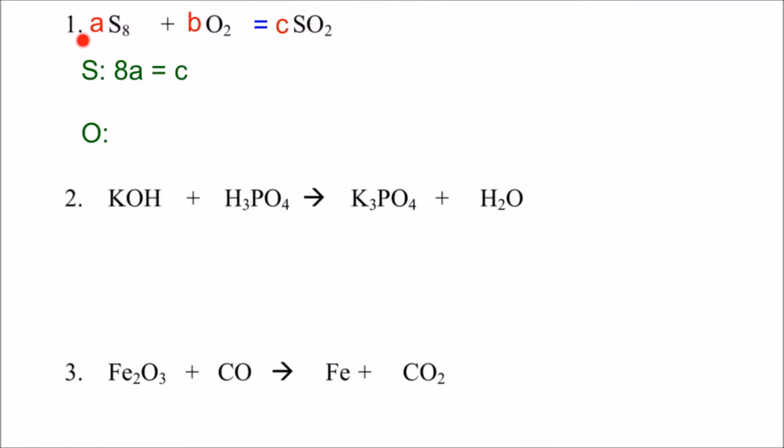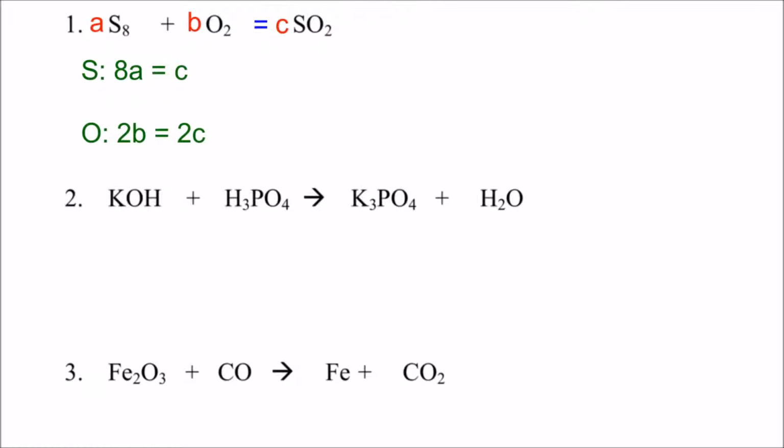There are no oxygens in the A term, so we're going to skip it, and we're going to start with the B term. We have 2 oxygens in the B term, so we'll write down 2B. Then we're going to bring down our equal sign, and then we have 2 oxygens in the C term, so we'll write 2C. So now we have our equation for sulfur and we have our equation for oxygen.